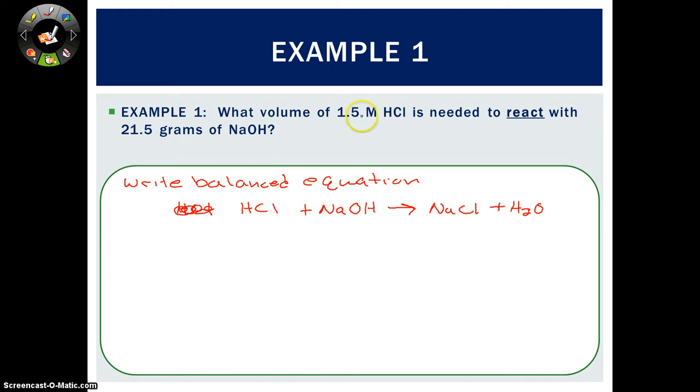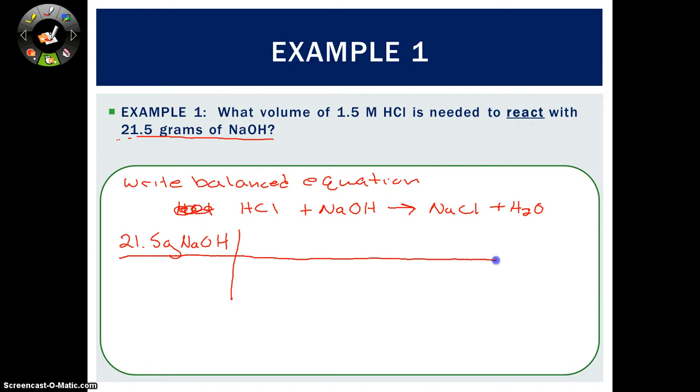So now I want to know what volume of 1.5 molar hydrochloric acid is needed to react with 21.5 grams of NaOH. So this is how much I know is reacting. So I'm going to start with this. 21.5 grams of NaOH. I need first to convert this to moles.